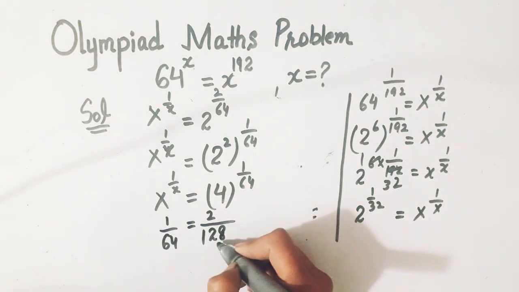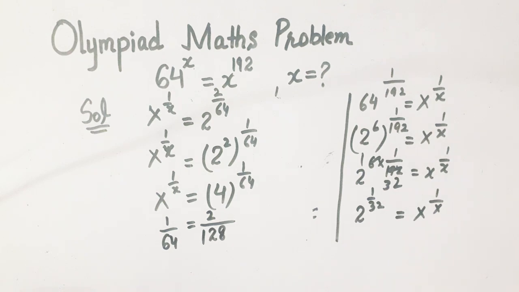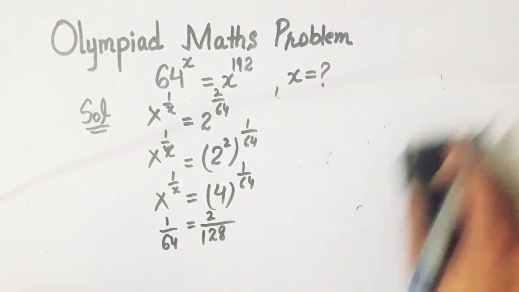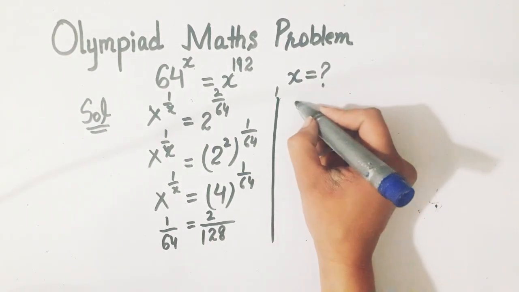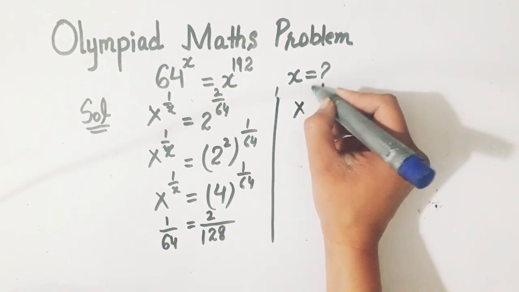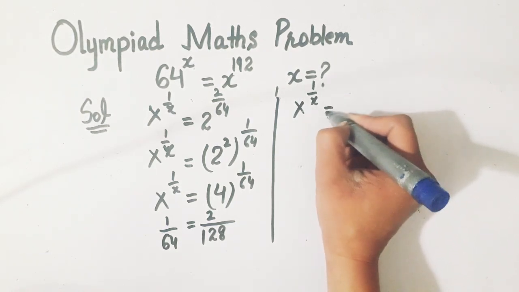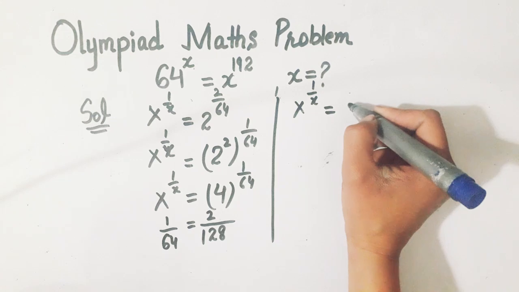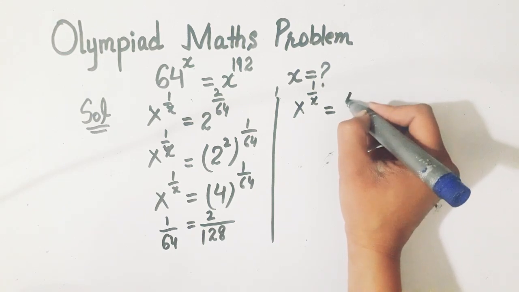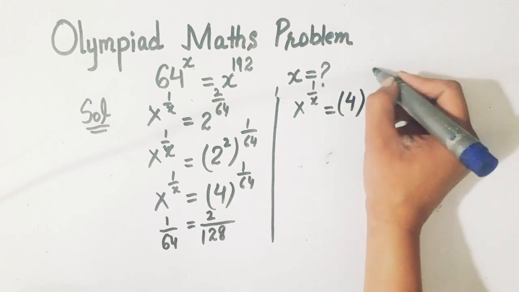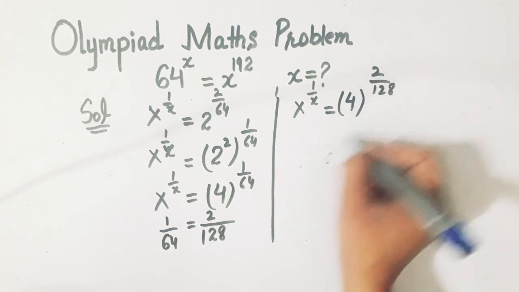So x raised to power 1 by x equals 4 raised to power 2 by 128.